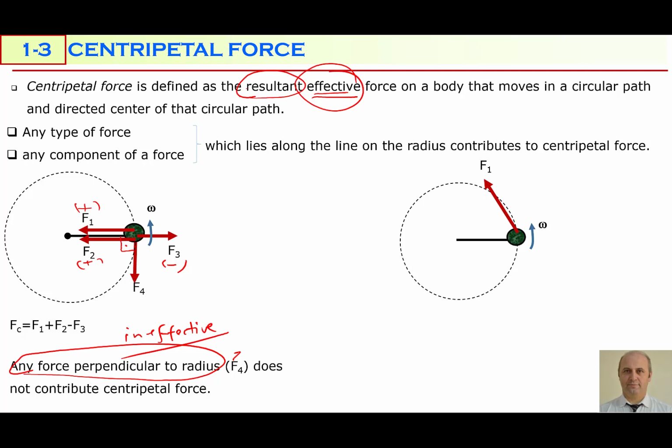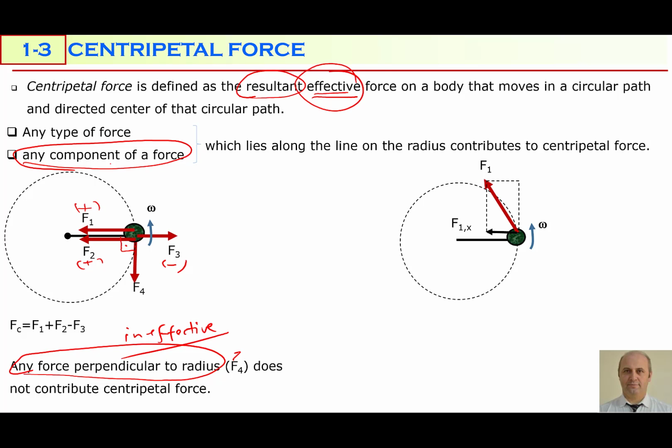We are going to study this case in one of the conceptual challenges. In this case, like this F1, if the force is inclined, like a swinging ball in a horizontal circle but the rope is inclined, you will look for the components. Remember, in here it is written any component of the force. So let's draw the components of F1. There are two components.